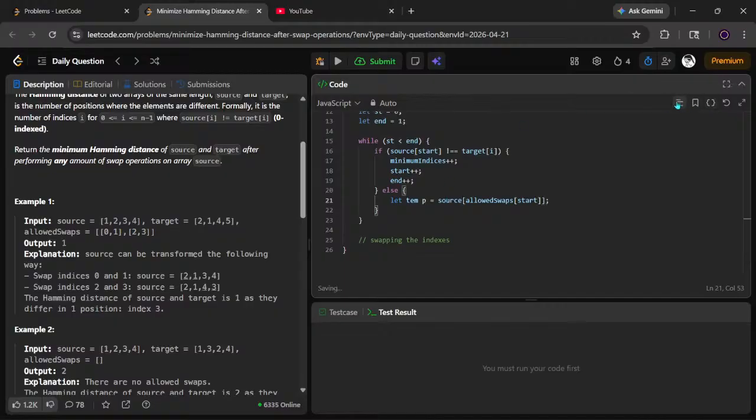Can we do something like this? I just need these swap indices. How can we use the swap indices right now? We have these two things. We only need the swap indices, swap these values and check how much difference there is.